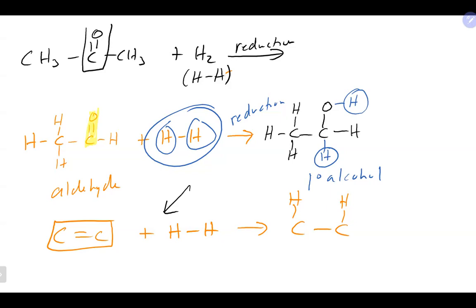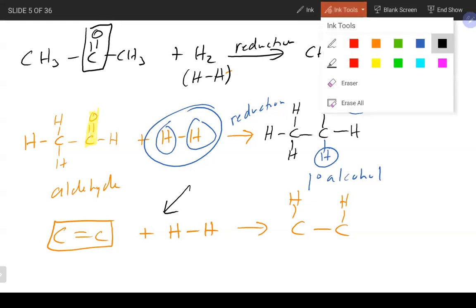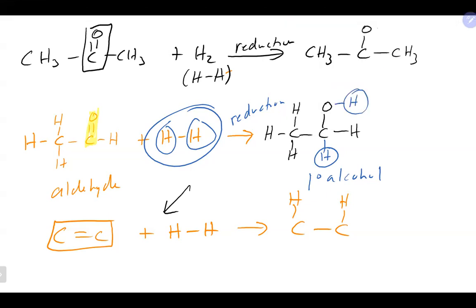This part right here is the only thing that's going to change. And again, we're going to add the hydrogen in, so we need to make room. So we're just going to single bond that guy, and we would end up with this that's now single bonded. Once again, a hydrogen will go to the oxygen, and a hydrogen will go to the carbon. So hydrogen and hydrogen would be added in there, and that would get us back our secondary alcohol. So taking a ketone and adding H2 to it will get you back your secondary alcohol.